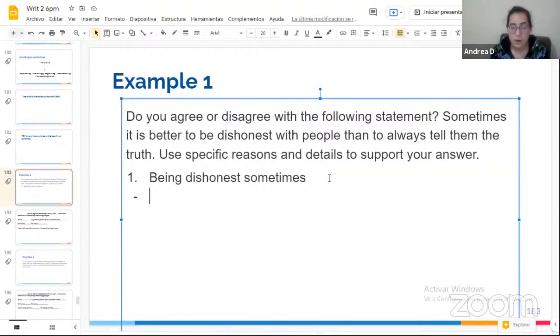So let's try to think of 2 reasons. Can anyone give me one? Why is being dishonest better than always telling the truth? Can anyone think of one reason why?